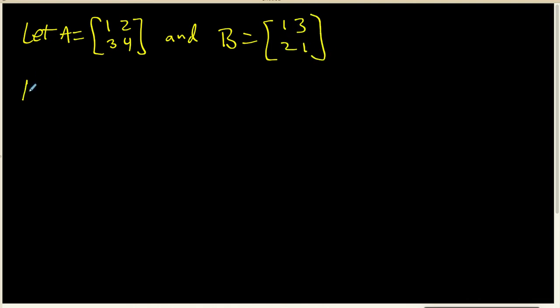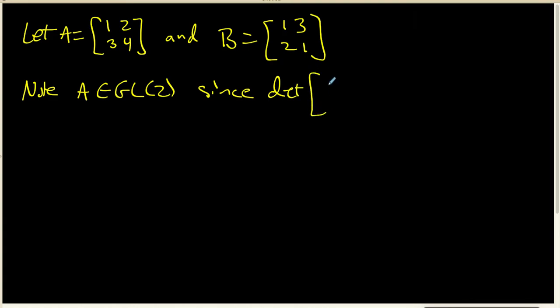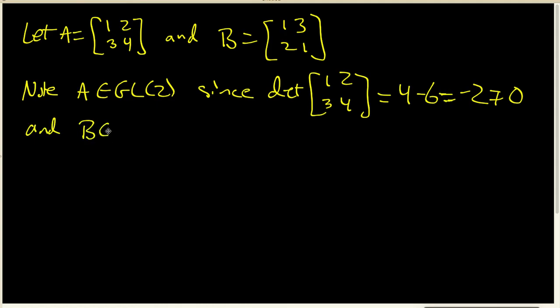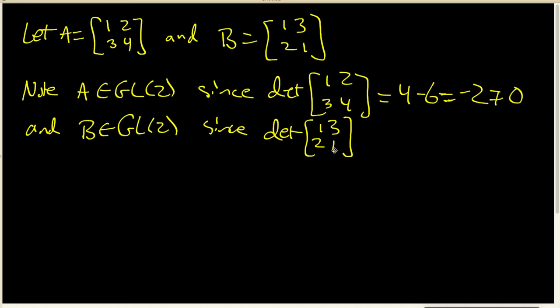It's important to note that A is inside GL2 since the determinant of A is 4 minus 6, which is minus 2, which is certainly not 0. And also B is inside GL2 since the determinant of B is 1 minus 6, which is minus 5, and minus 5 is certainly not equal to 0.